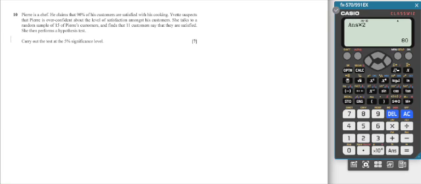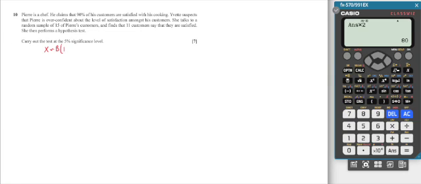So, I reckon this is a binomial hypothesis test because we know how many people are being asked, and it would imply that we have a fixed probability. So let's say we're doing binomial, so we're saying X is distributed binomially.